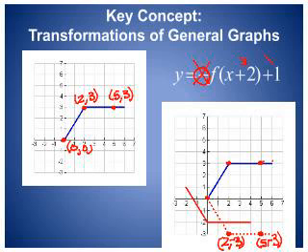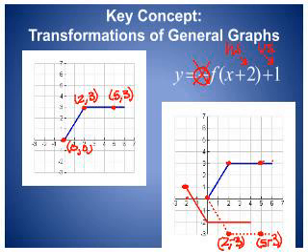But now I need to use these two shifts, and you use them exactly like you do in an absolute value function. So I have a horizontal shift of -2 and a vertical shift of +1. So I'm going to take my point at 0, 0 and do a horizontal shift of -2, 1, 2, and a vertical shift of 1, and I end up right here.